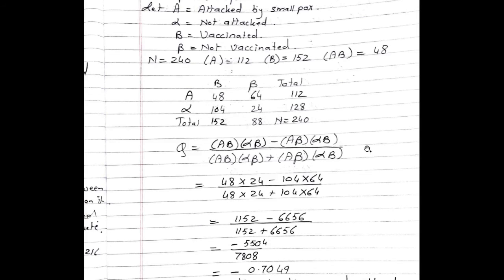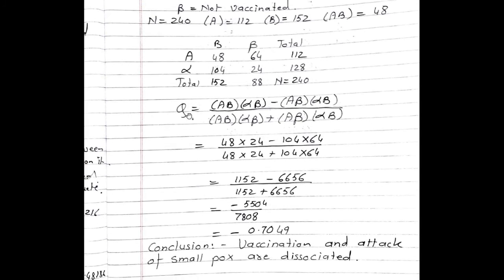So we'll write the formula for coefficient of association Q is equal to AB into alpha beta minus A beta into alpha B divided by AB into alpha beta plus A beta into alpha B, which is equal to 48 into 24 minus 104 into 64 divided by 48 into 24 plus 104 into 64.